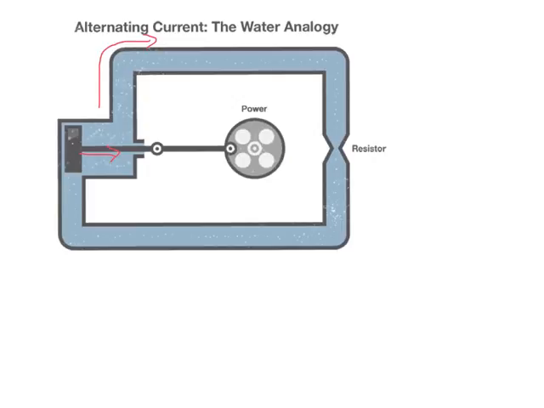However, this thing's going to keep rotating, and then that piston's going to go back the other direction, and push the water around this way in the circuit. And the water's just going to keep going back and forth through the circuit. That's essentially like alternating current. In terms of direct current, it just goes one direction, so just one way.